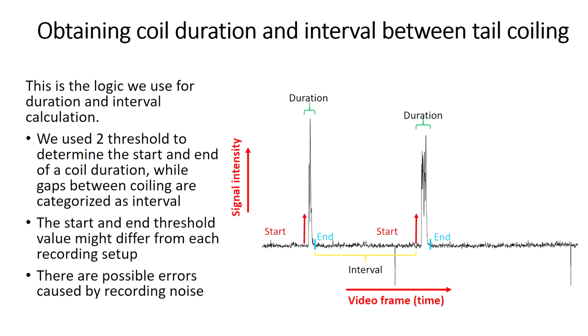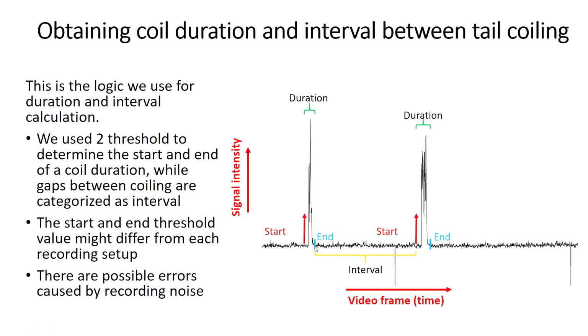This is the logic we use for duration and interval calculation. Here we use a threshold to determine the start and the end of a coil duration, while the gaps between coiling are categorized as interval. So the duration is from the start until the end. The start we set by the increase of intensity, and the end is when the intensity value, or the gray value, went back to the noise value.